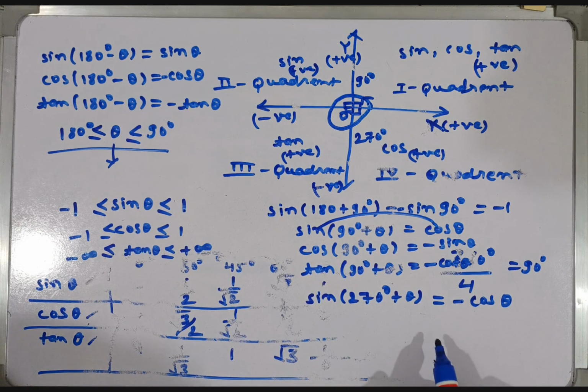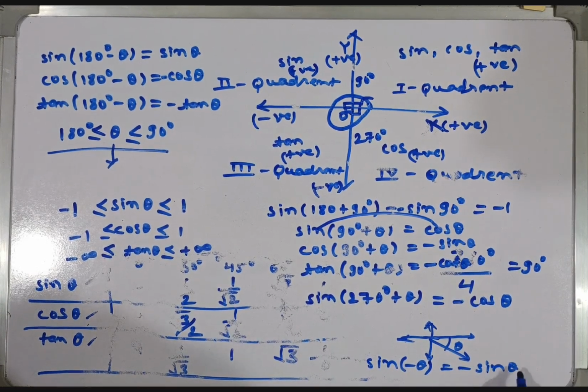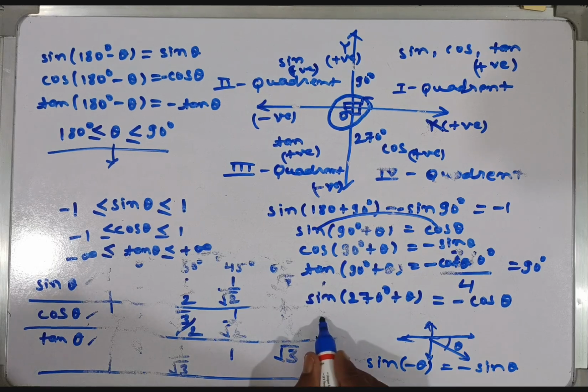Another important fact: most of the time you will get a minus theta, so we can write sine of minus theta, and this value is minus sine theta. What about cos of minus theta?